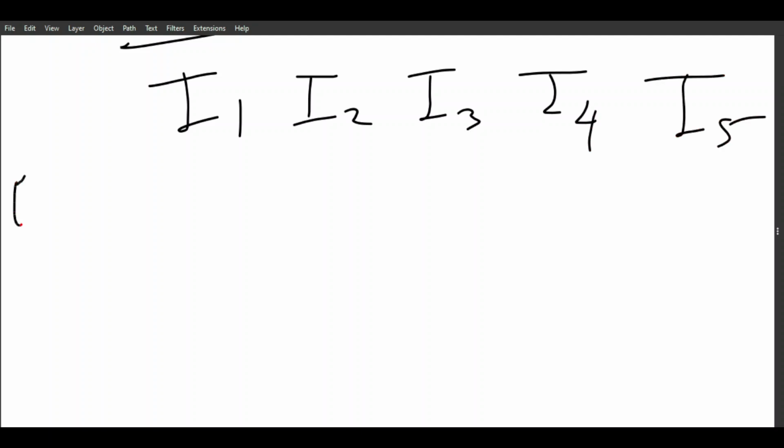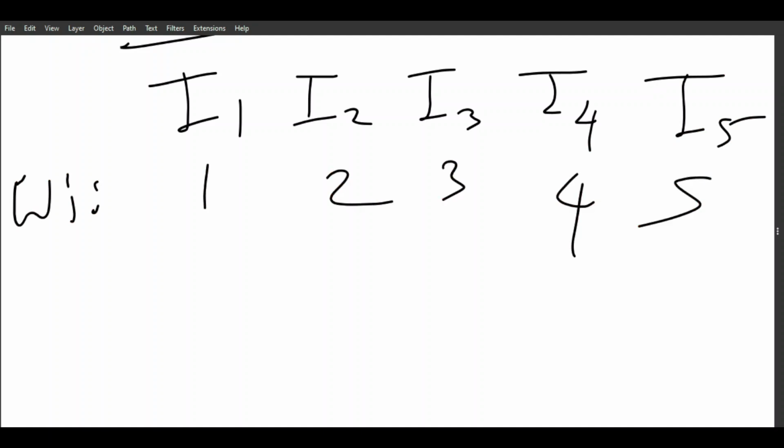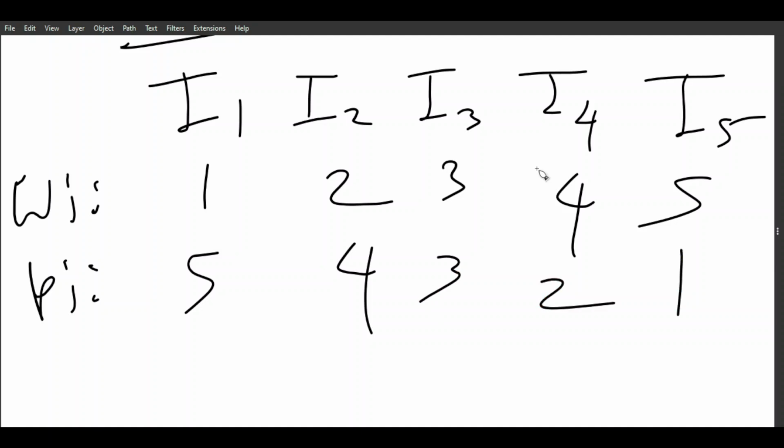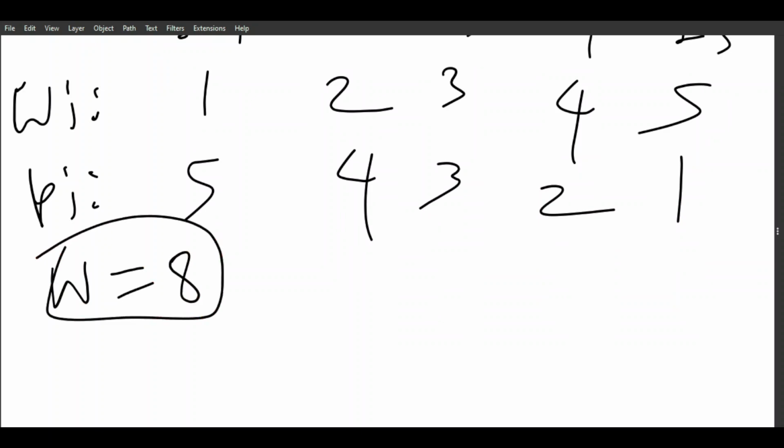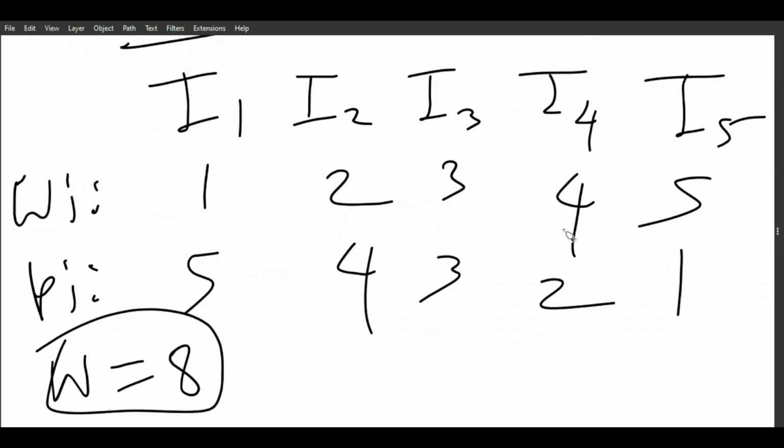Corresponding weights are given: 1, 2, 3, 4, 5. Profits are given in just reverse order: 5, 4, 3, 2, 1. And the knapsack capacity capital W is given as 8. Now can you solve this problem, and what strategy do you use? Give your solution.